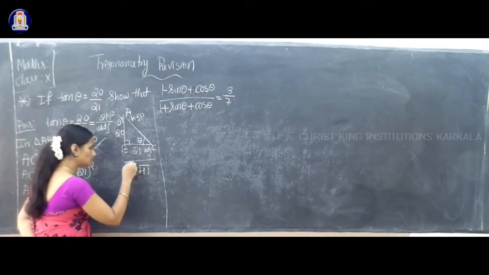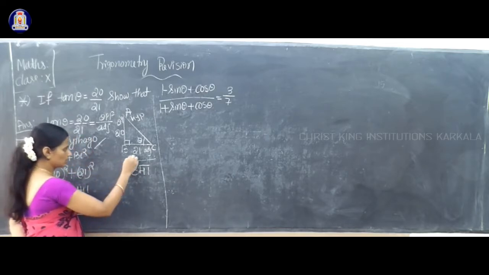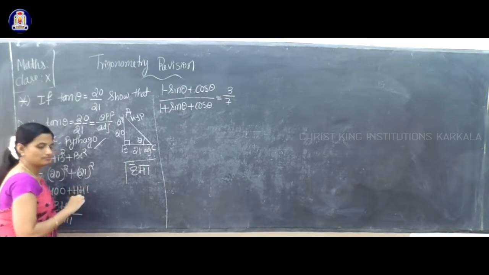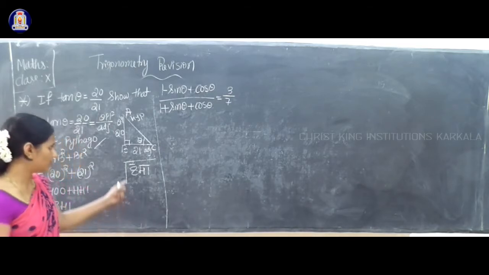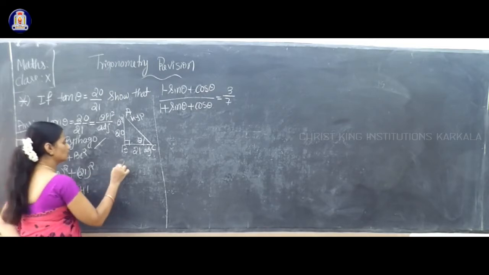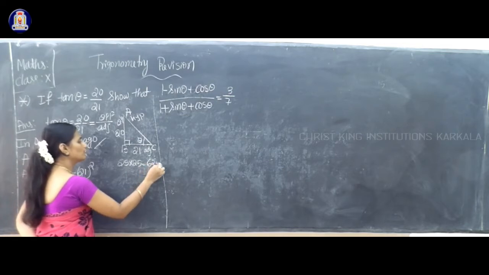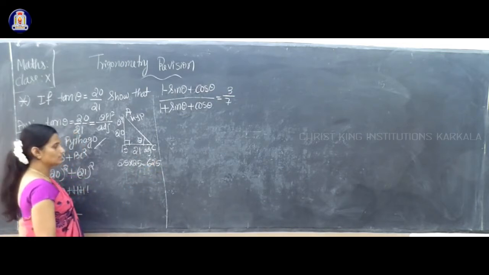Otherwise we will simplify. So what is the answer? 25 into 25 is how much here? 625, right? 25 into 25 is 625.